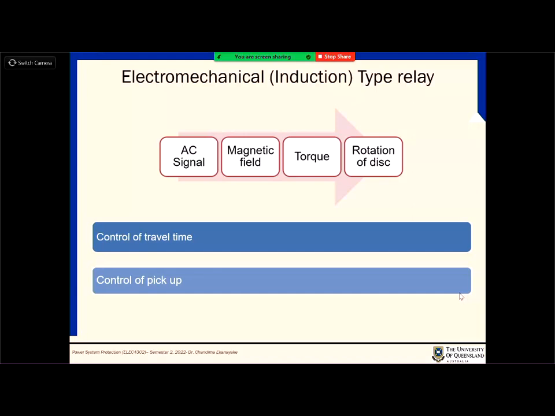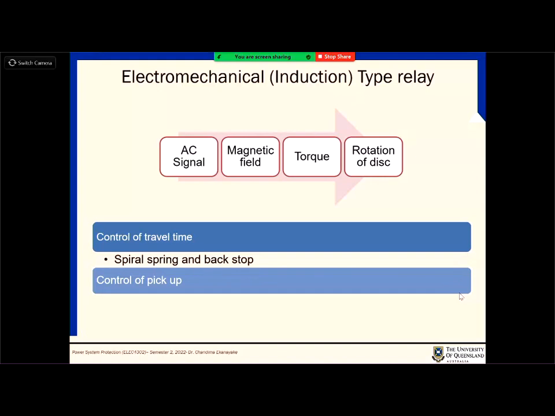That is done by spiral loop and backstop. As an example, you can change the stop posture. The disc can rotate 90 degrees or 45 degrees depending on the location where you stop it.